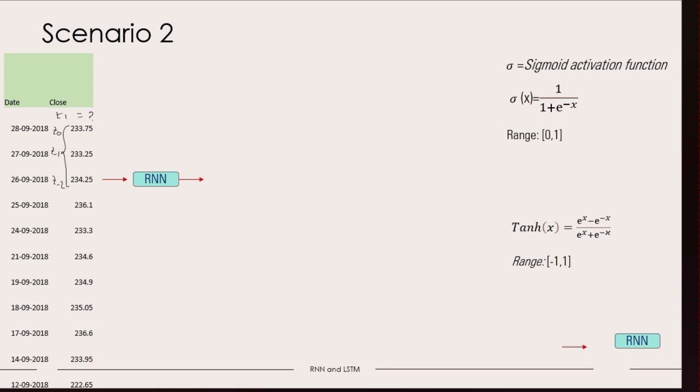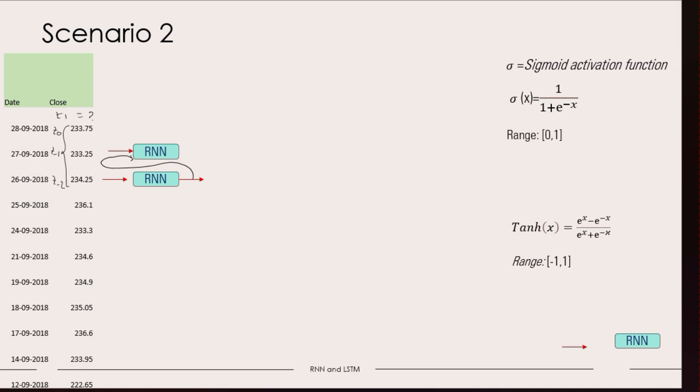Now I will move to T minus 1, the next data. In T minus 1 I have taken my second last data of 27/9/2018, but along with it I am also considering the output of the last RNN step as input to the next step. Remember, these two are not different layers, rather they are the same RNN at different timestamps.